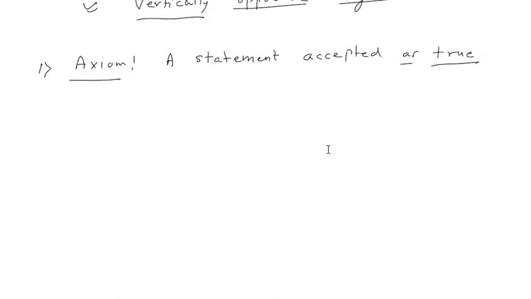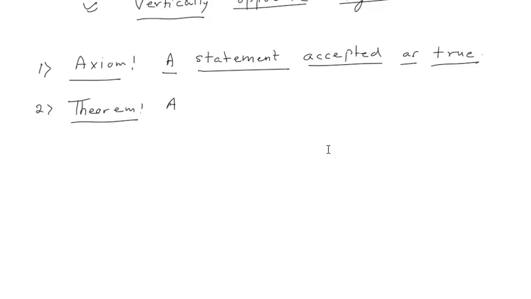So we accept that the statement is true, so that statement in mathematics is called an axiom. And one more term is theorem. Now a theorem is again a statement in mathematics that can be proved to be true by some reasoning.